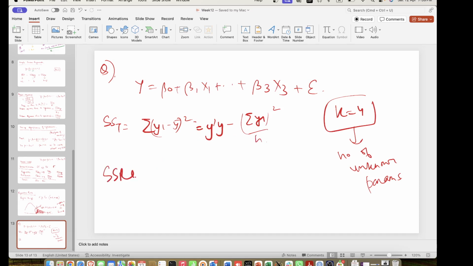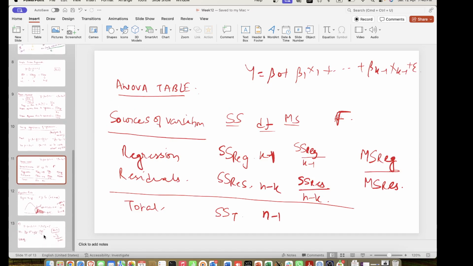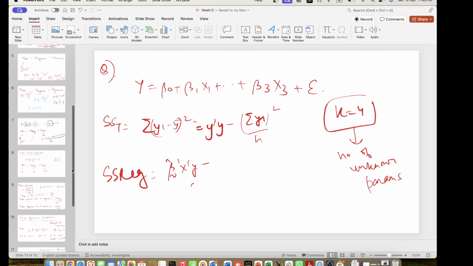SS due to regression is given by beta hat transpose x transpose y minus summation yi whole square by n, and SS due to residuals is given by y prime y minus beta hat prime x prime y.